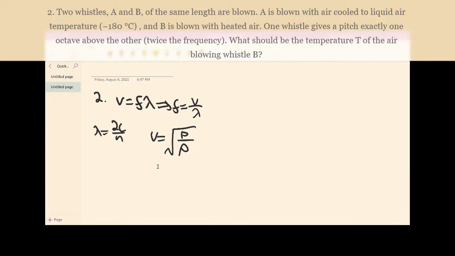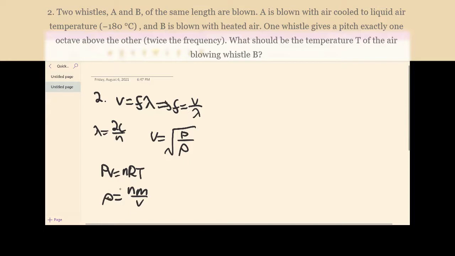So then we want to find v's relationship with the temperature. To find this, we apply the ideal gas law, PV is equal to nRT. If we do this, then rho is equal to n times M over V, where M is the mass of a mole of this gas, because n is the amount of gas in moles.